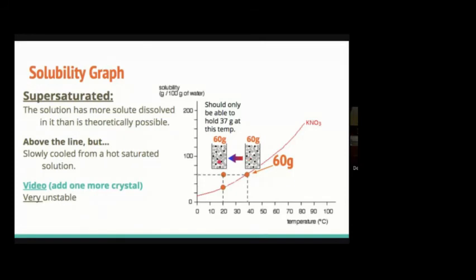But because this solution should only be able to hold about 37 grams at 20 degrees Celsius, we say that it is supersaturated. Okay, we say it's saturated because you can't see any particles at the bottom. Supersaturated because it's got way more dissolved in it than we should be able to dissolve at this temperature.